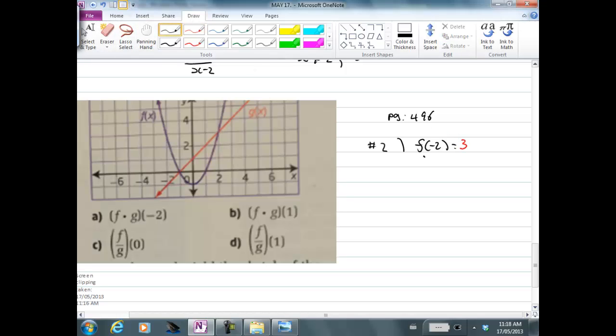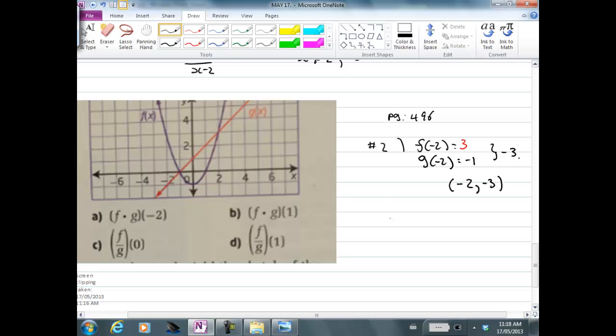What's g of negative 2? Negative 1. What this is saying is, what is the product going to be? Well, the product really is negative 3. So if I were to graph this new one, my new coordinate would be negative 2, negative 3. And then I would put a point on my new grid. But I'm not asking you to graph. I'm just showing you how this is done.